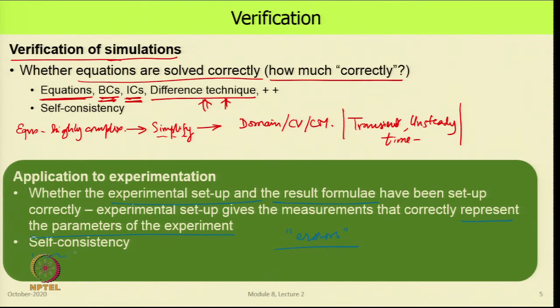The second thing we looked at in the debugging phase was self-consistency, same as what was self-consistency over in the verification of simulations, which is that whether it is a numerical solution or an experimental solution, there are certain things which are inviolable in both, and both outputs have to satisfy that. I will give a small example.